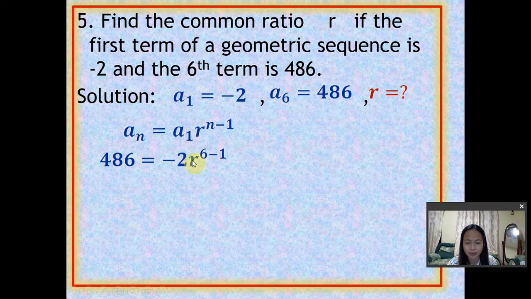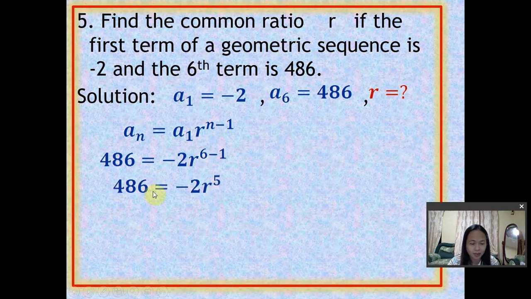This is what we are looking for. And then n is 6, since our last term is the sixth term, which is 486. So therefore, there are 6 terms in our sequence. So our n here is 6, minus 1. So 6 minus 1 is 5. Just copy this part here, with 6 minus 1 being 5.